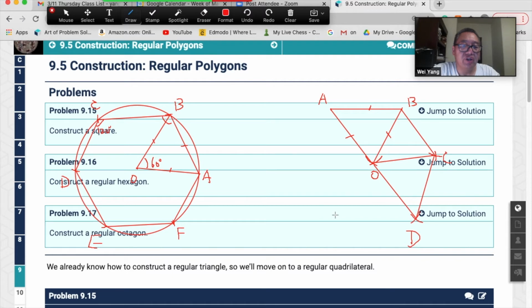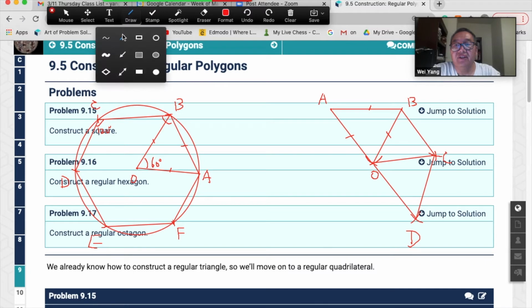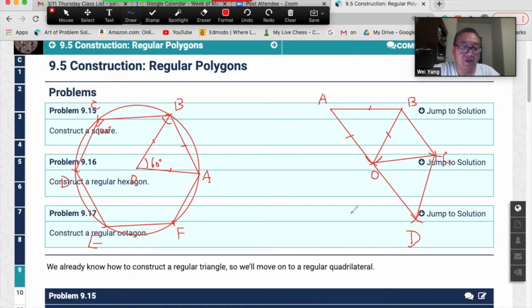Then you continue to do this, and you find E and F, right? Suppose it intersects here, and this one is here. Then you connect these two points. Suppose this one will give you point E. Then when you connect OED, it will be a regular triangle.